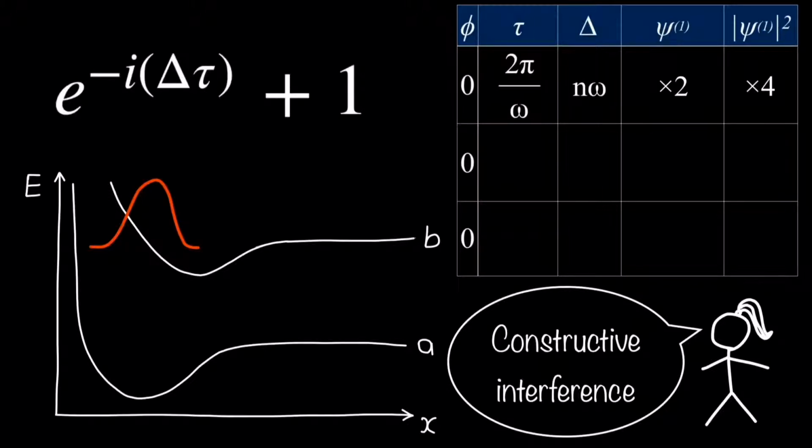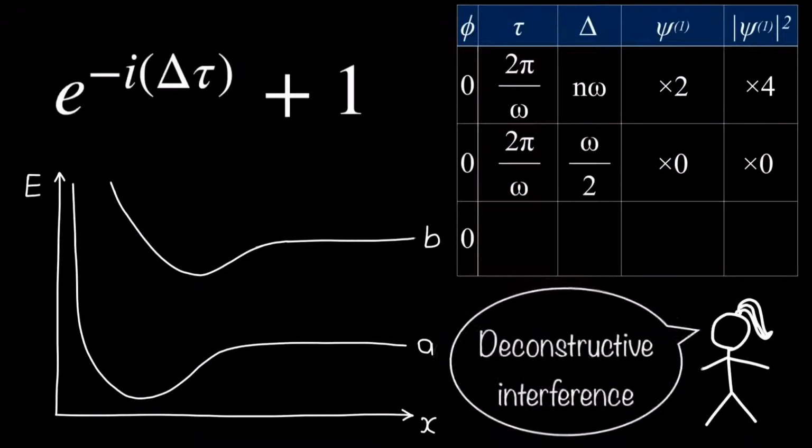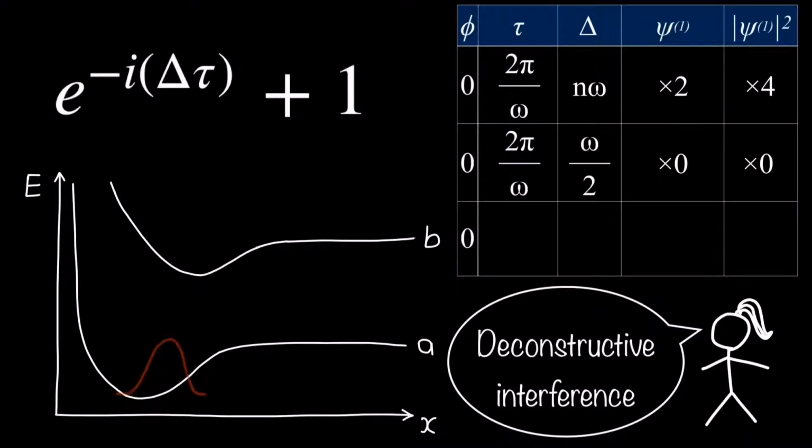Therefore, as long as the product of the detuning and the time delay is an integer number of 2π, we have constructive interference. Let's see what happens when we introduce some detuning with the same pump-probe delay. Now our carrier frequency has overshot a vibrational energy level by half of the spacing. In this case, the product of detuning and time delay is π, which corresponds to 0 amplitude and population in the excited state. Our pump and probe wave packets destructively interfere upon the return of the first wave packet.